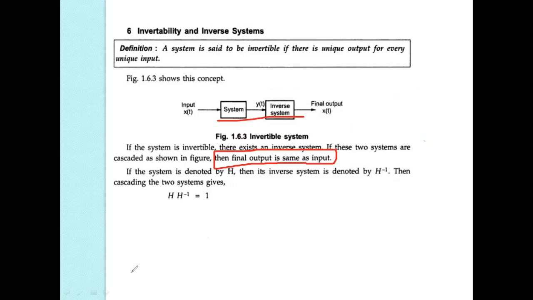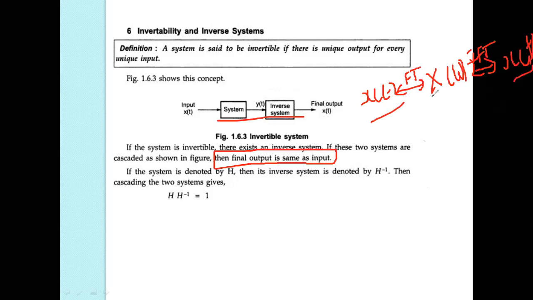Suppose for x of t we take the Fourier transformation, you get x of omega. For x of omega, you can apply the inverse Fourier transformation to get x of t.